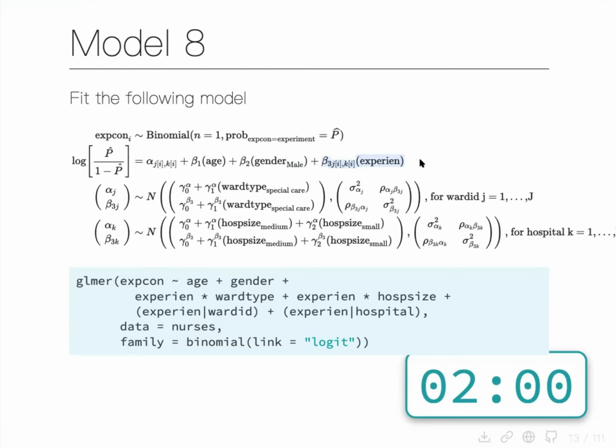Okay, and so then the ward type is predicting variance at the ward level. That variance between wards, that's what this is predicting. And then the slope variance here, we're predicting that slope variance here. Does that make sense? And then we have the same sort of thing going on at the hospital level.